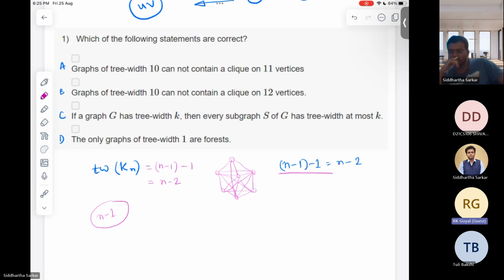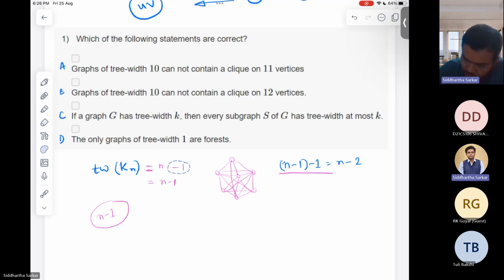So within a bag, it should contain not n minus 1, it should contain n elements. Correct. So the value of the tree width will come out to be n minus 1. And if the tree width is n minus 1, then it can contain a clique of size 11. However, it cannot contain a clique of size 12. That makes sense to me.